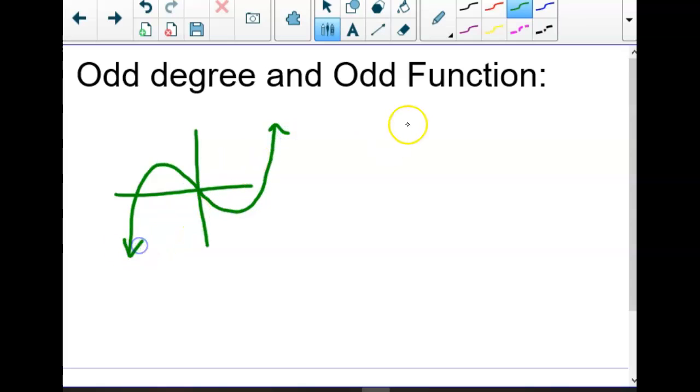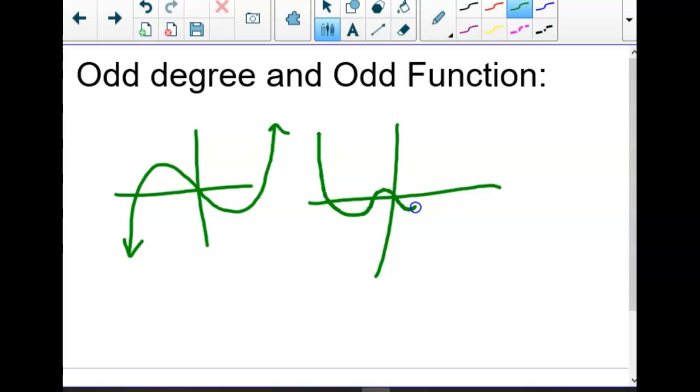Something like that. It could even be real complicated where it goes down a little. Very messy.